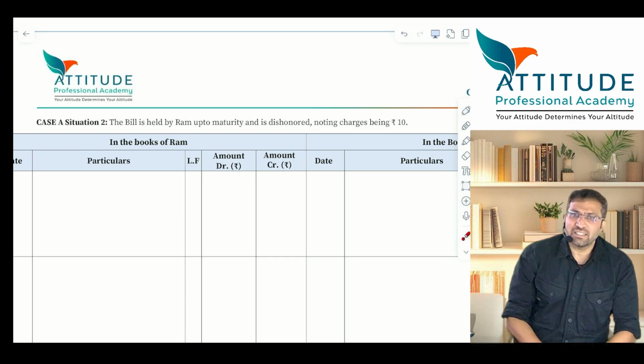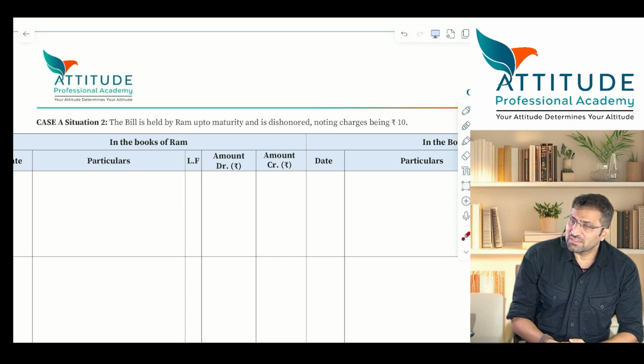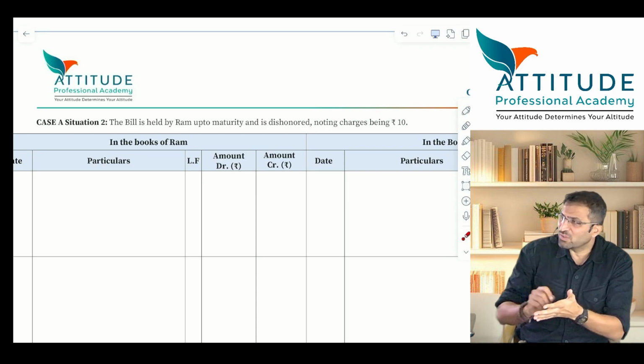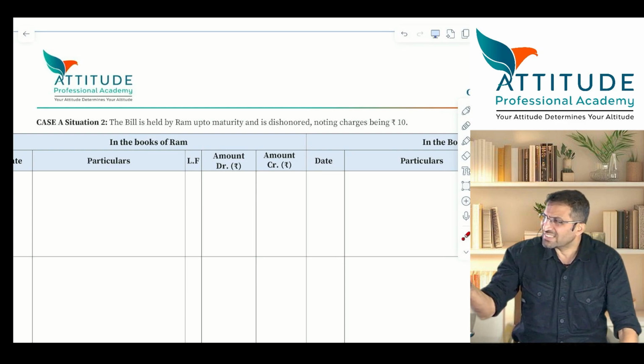Now tell me, who has rendered the services? No, noting. Court no, notary public. What? Notary public has rendered the service because he drafts all the legal notice and all. He sends it to whom? Ravan. For that, will he charge noting charges?